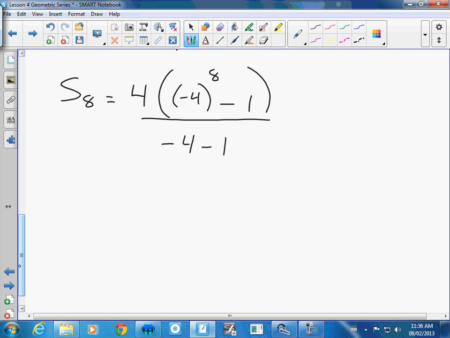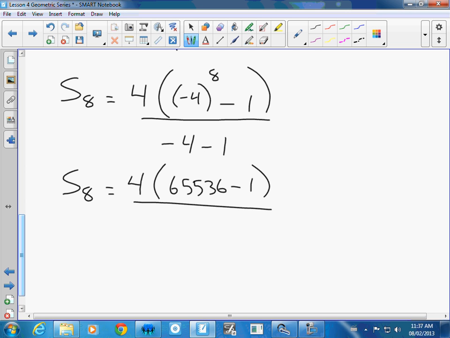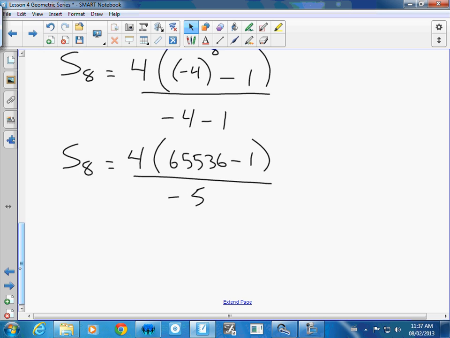Okay, so S8 equals 4 times negative 4 to the power 8. We know our answer is going to be positive because it's an even exponent. Negative 4 to the power 8 is 65,536, minus 1, all over top of negative 4 minus 1, which is negative 5.